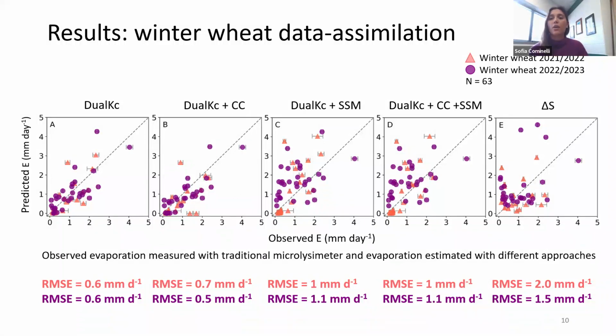And if we compare all the one-to-one plots, the approach that has the better performance is the dual crop coefficient, the model alone, and also the dual crop coefficient assimilating the canopy cover. And that is reflected in the root mean square error average of 0.6 millimeters per day.